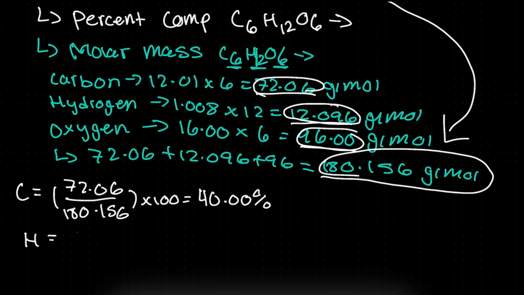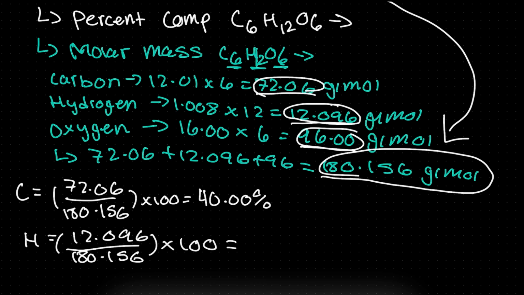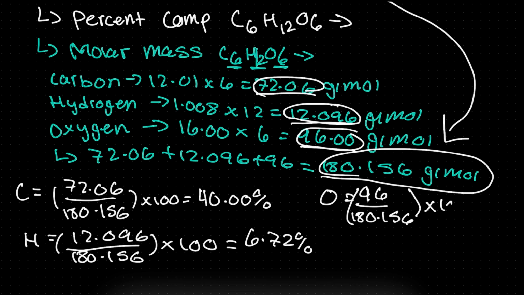Hydrogen is equal to 12.096 over 180.156 multiplied by 100. Plug it into your calculator real quick, and you'll get about 6.72%, right? And next, we do oxygen, which is 96 over 180.156, right, times 100, and that would equal 53.28%.